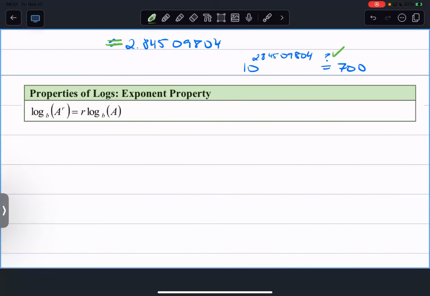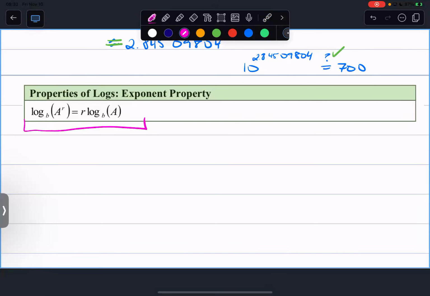And so here, this is the moneymaker. Can I say that? I don't know. It's how we solve for things in the exponent. So here it is officially. Log base b of a to the power of r, we can rewrite by bringing the r down in front, and it's the same as r times log base b of a.